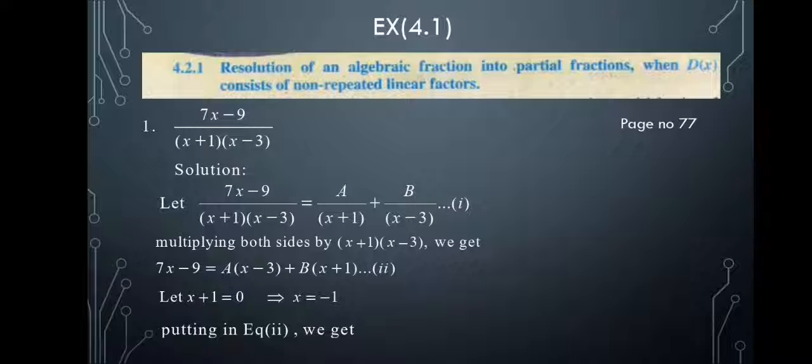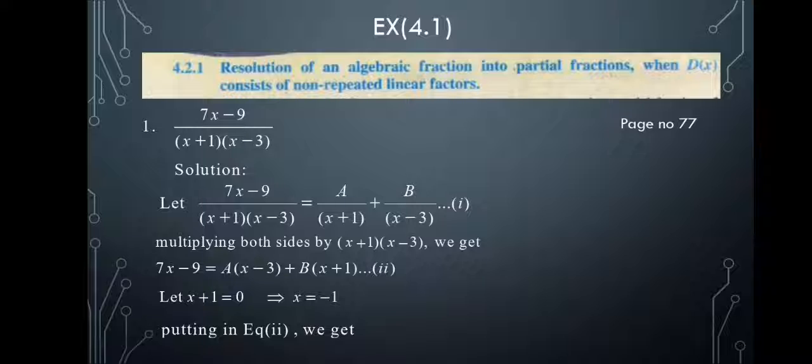Now we will have to do the related sums. For this we will have to first resolve the algebraic fractions into partial fractions, when the denominator of the particular fraction consists of non-repeated linear factors. What is meant by non-repeated linear factors? As you know, a factor is considered to be linear if its degree is 1 and not greater than 1.